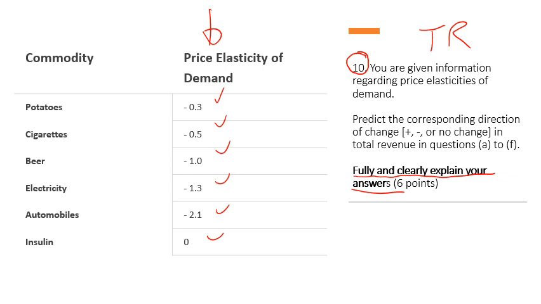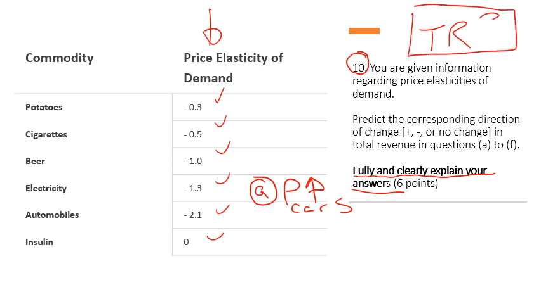All right, so let's take the first one, and that's situation A. In situation A, there's an increase in the price of cars, and the question is, what is going to happen to total revenues?